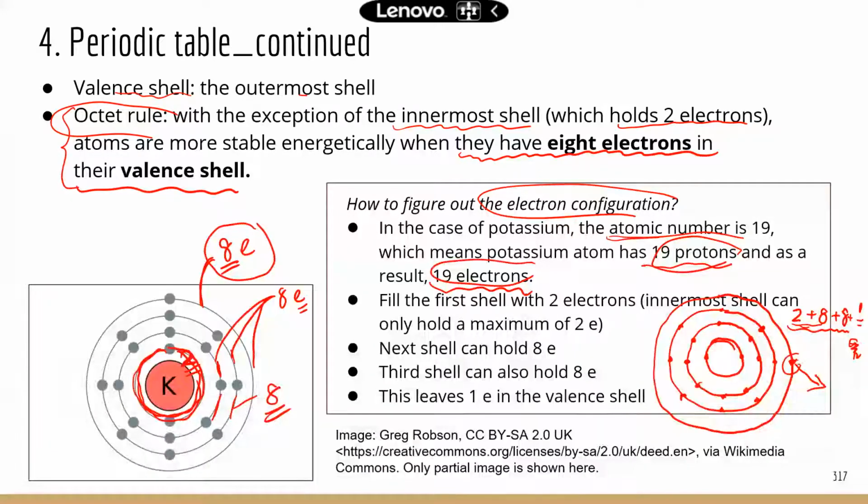Because when that electron is gone, the next shell now becomes the valence shell, and there are 8 electrons in that shell. So this satisfies the octet rule, and the potassium atom, which is now a potassium ion because it loses an electron, is stable. So the potassium ion is pretty stable.